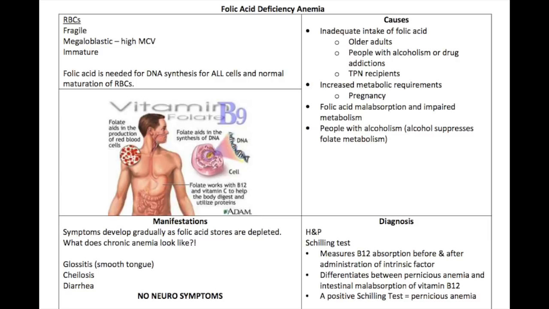Folic acid anemia is very similar to B12 anemia, so a lot of times students will have trouble separating these two. So naturally, I put them together in the same video because that's going to help you guys even more. But folic acid is actually B9, and here the red blood cells are fragile.